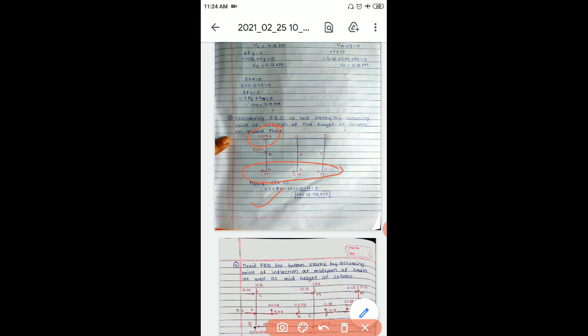Just remember one thing: this column will have some effect of this 25 kilonewton load at the base of the column. This is the principle of loading. Accordingly we take this 25 kilonewton load into consideration for calculation of the horizontal force at the bottom, at the ground floor.